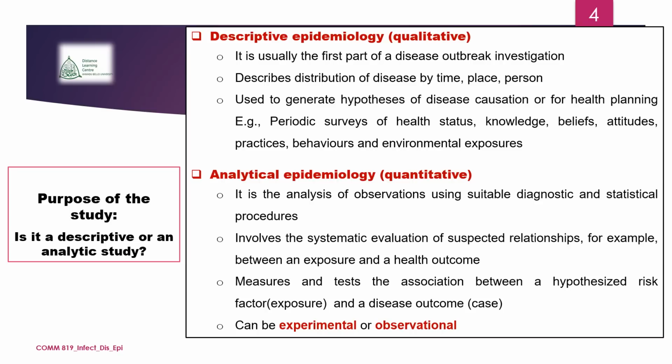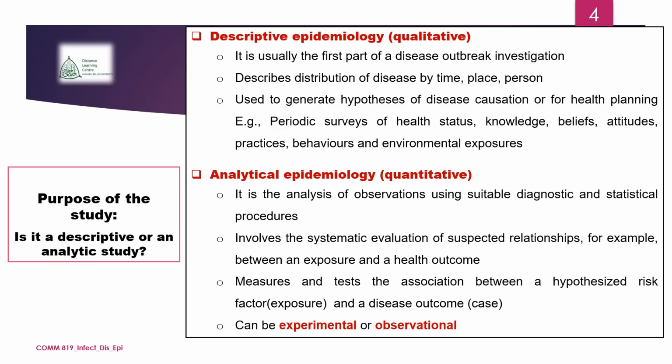It is usually the first part of a disease outbreak investigation. Here it describes the distribution of the disease by time, place, and person. Then also it's used to generate hypotheses of disease causation or for health planning.